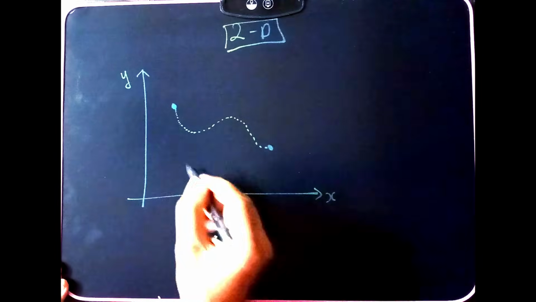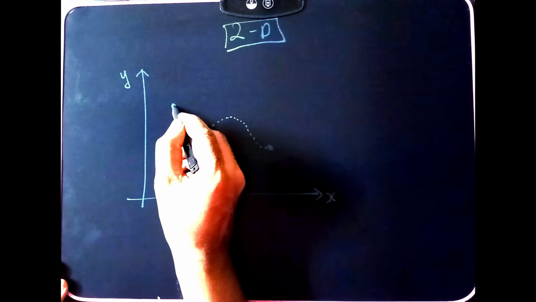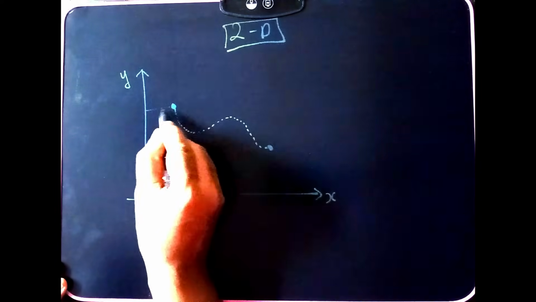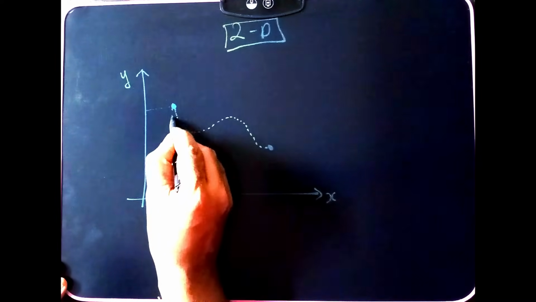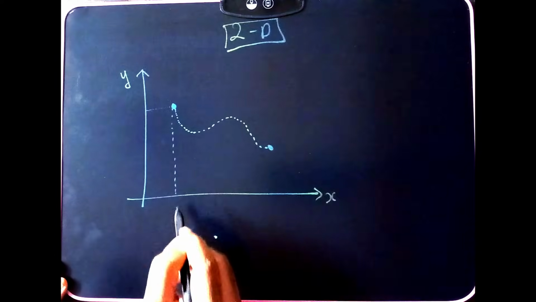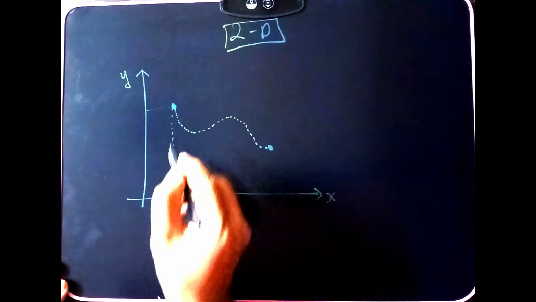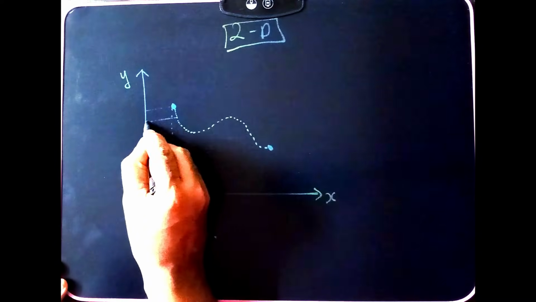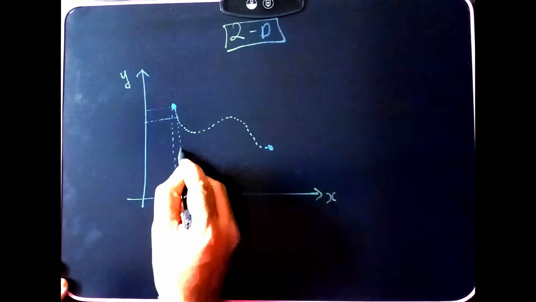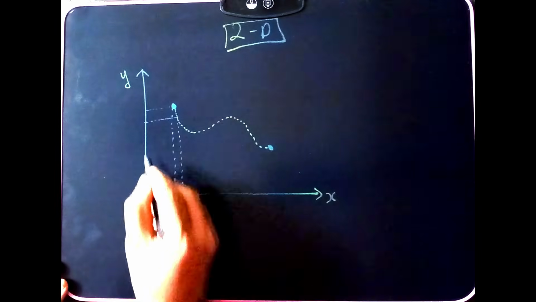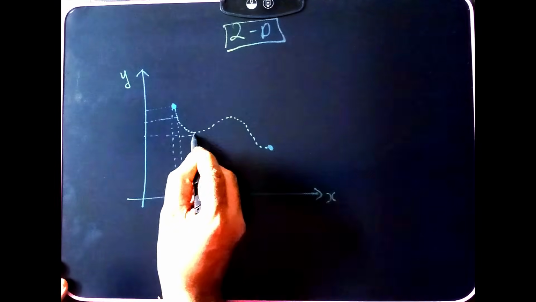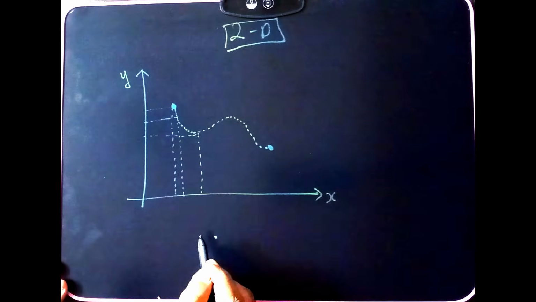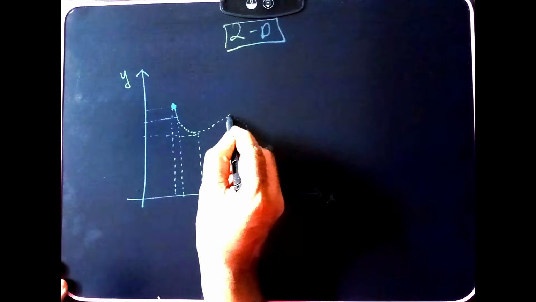We observe that as the particle moves, its projection is on the y-axis and also on the x-axis. For different positions, you can take the projection on both the axes.